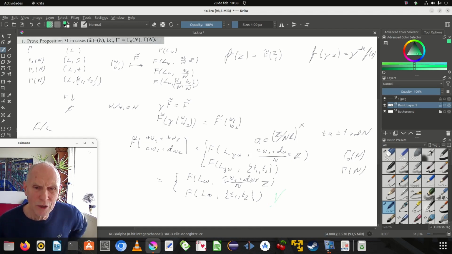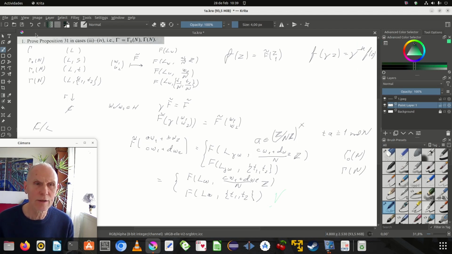And then we need to check c divided by n is an integer, so it's equivalent to d omega 2 times z, but d lies in the multiplicative group, so it's a generator of the same sublattice, you can say, as omega 2.